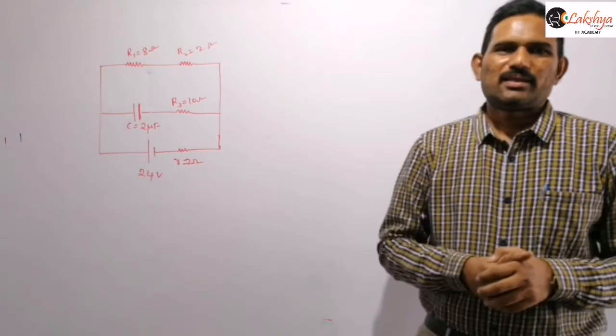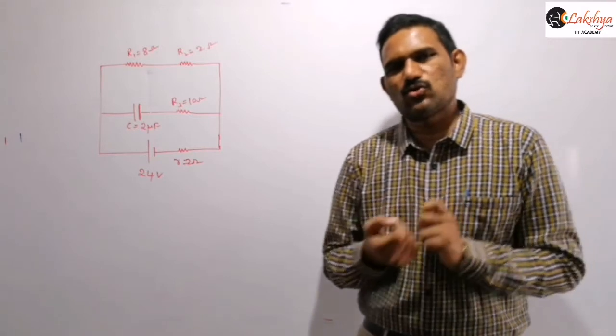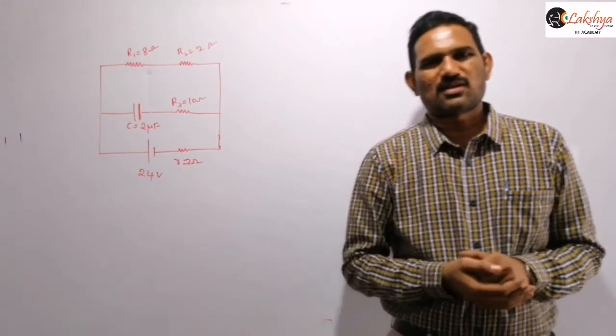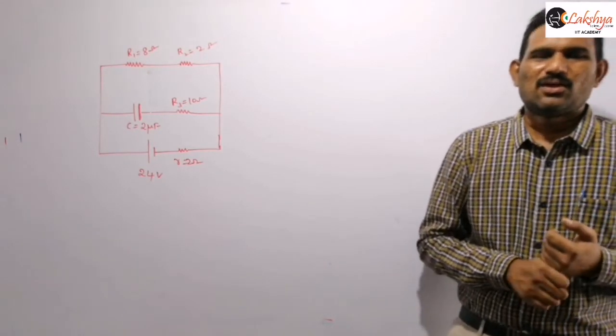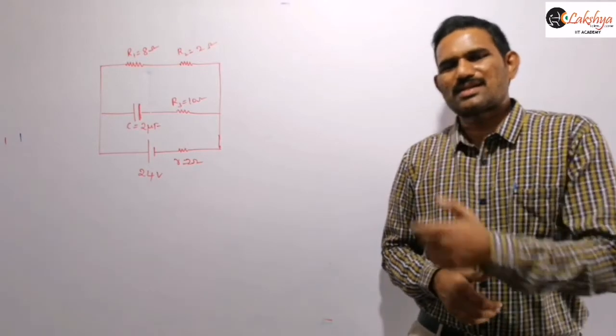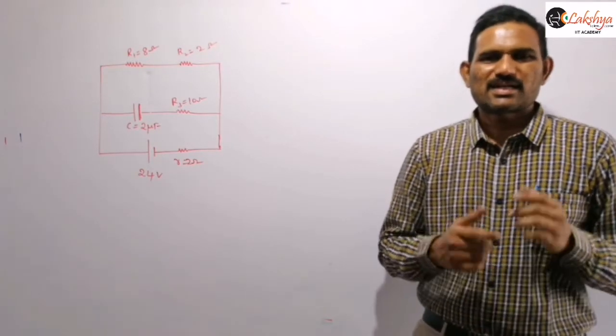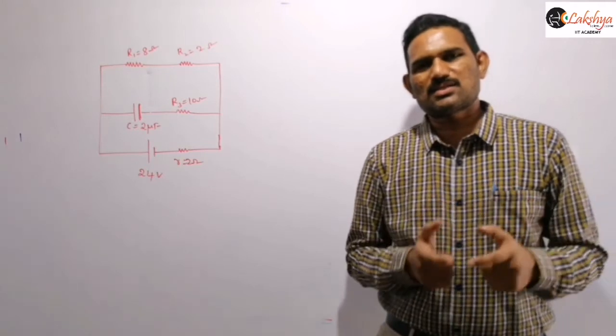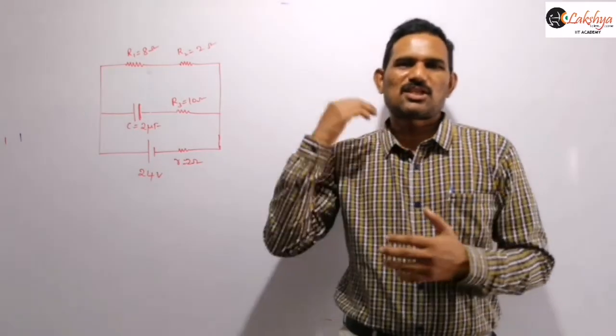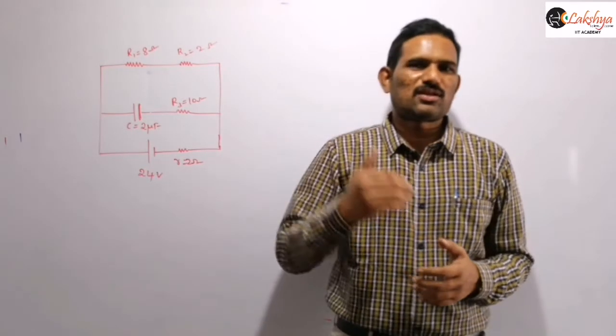But here they won't mention whether it is charging or discharging, so when nothing is given, you need to consider that the circuit is in steady state, right? Steady state means the capacitor is fully charged.